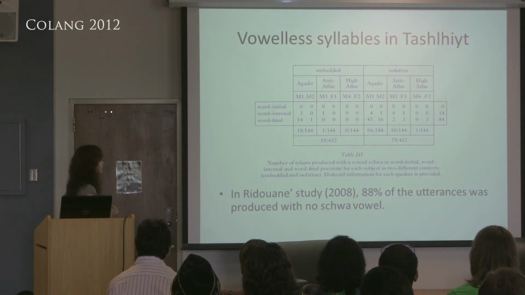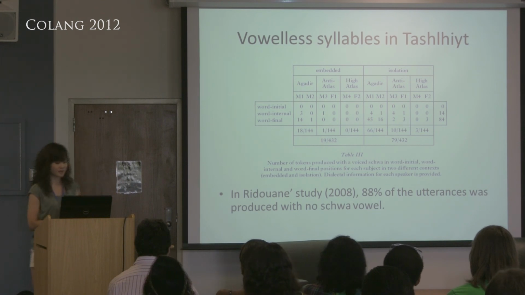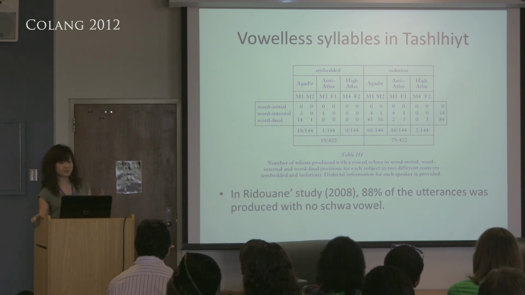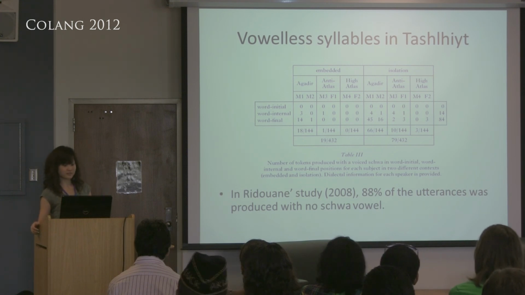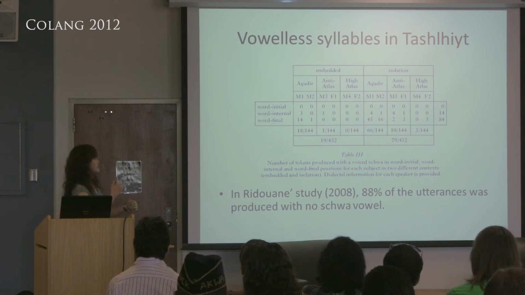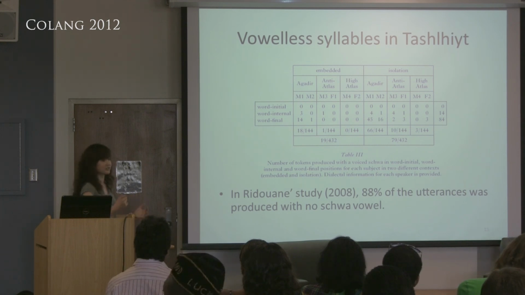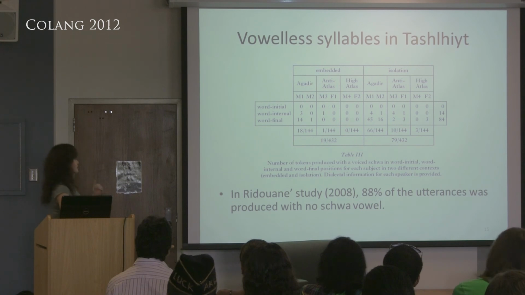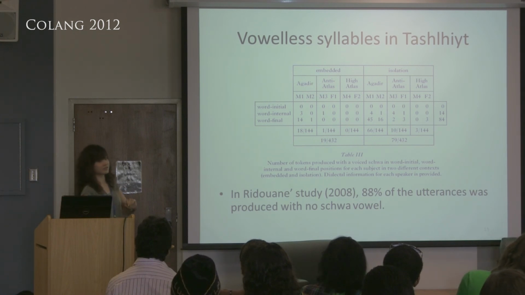This is the table from Ridouane's paper, the same paper that I was talking about. Including him, he used six subjects from the Tashlhit variety, and he elicited more than 860 utterances. And he claims that 88% of the utterances didn't have any vocalic element.